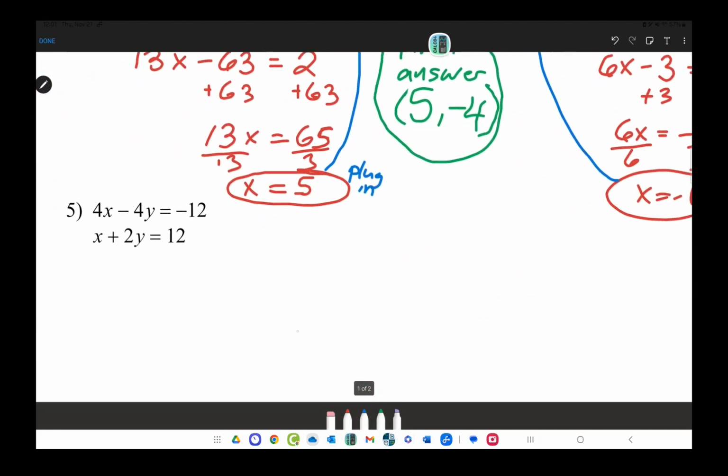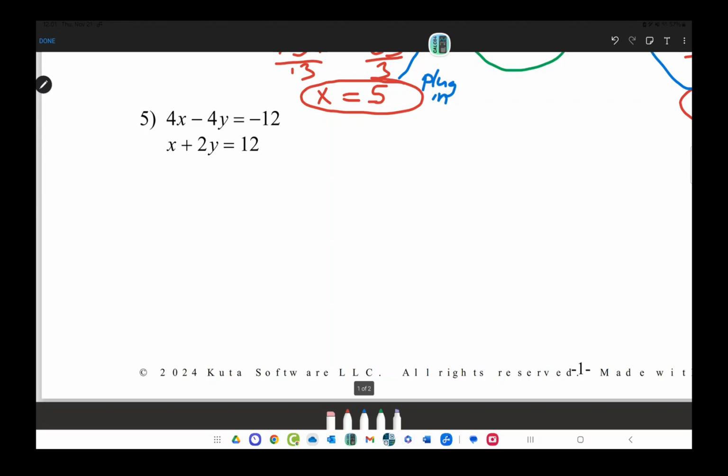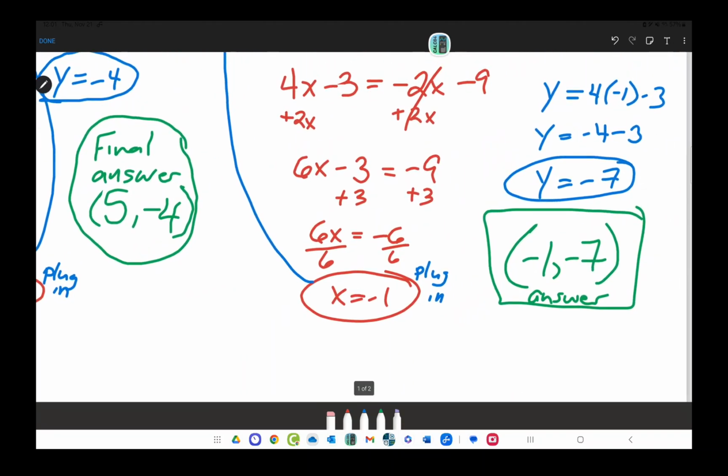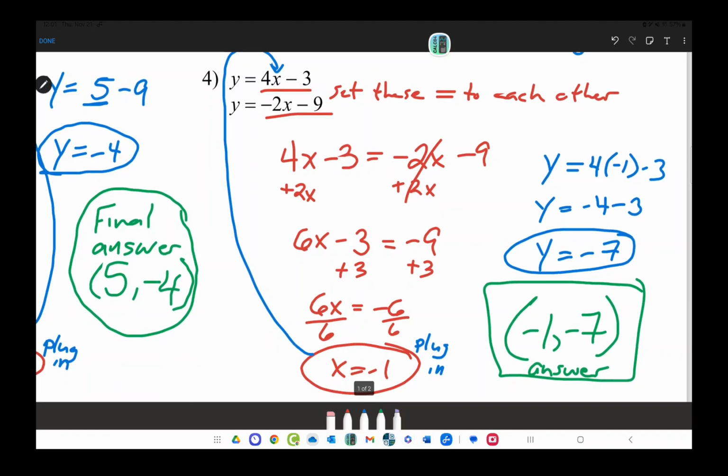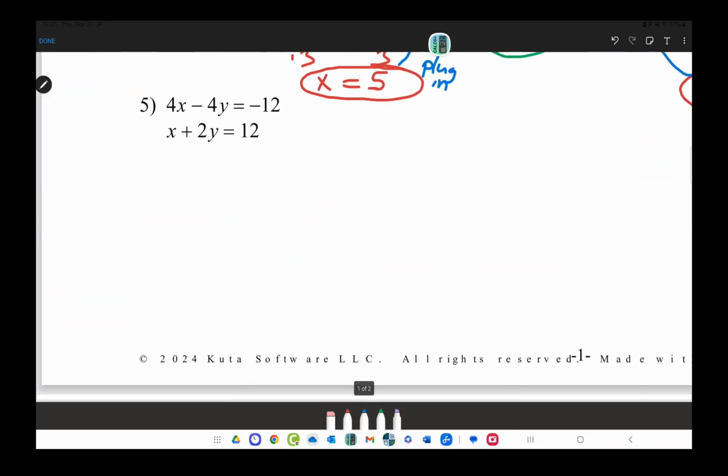All right. Now, I'm going to tell you, this says solve by substitution. It says solve by substitution, but would I care if you solve by elimination? I would not. So you solve this one whichever way you want.